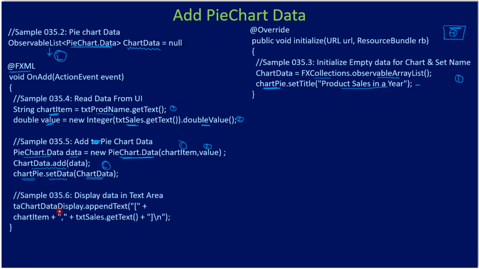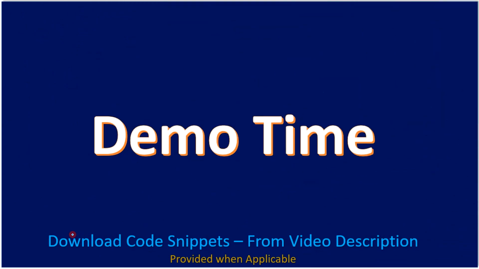Finally, in the text area, we are appending the data. This will be a visual clue for the user of all the data that was added to the pie chart. So previously added elements we want to show, and that's what we are doing here. Alright, now we will go to the demo and implement these code changes.